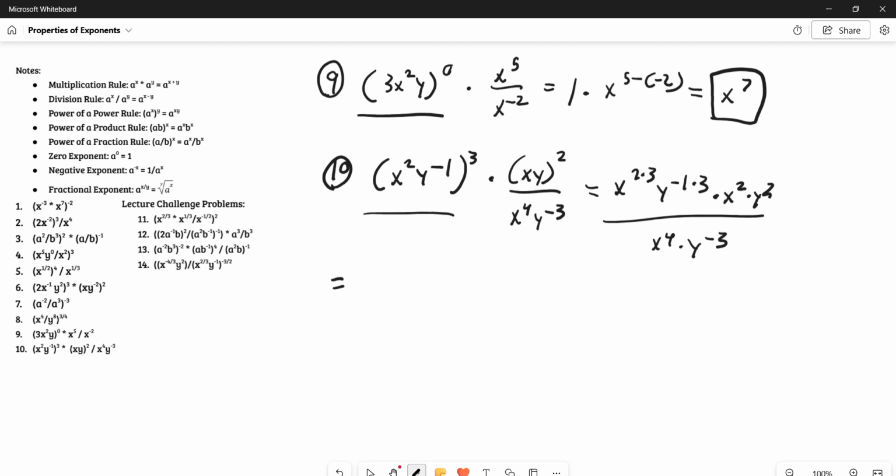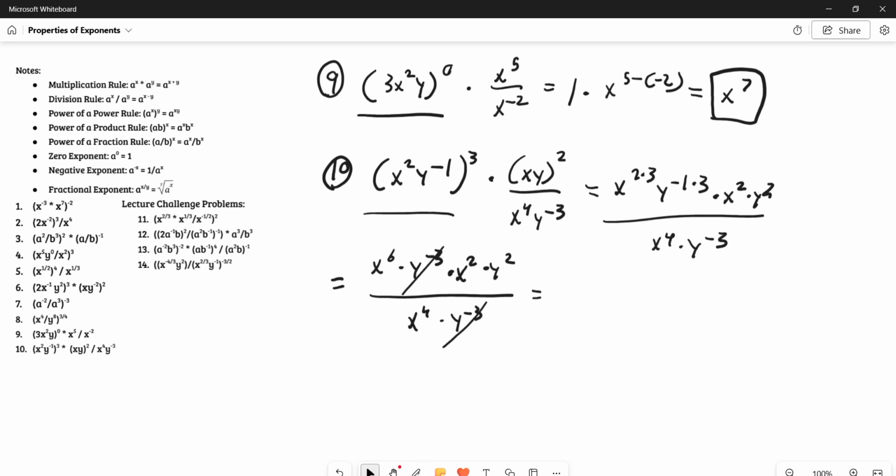Actually, no, let's evaluate the exponents first. X to the power 2 times 3 is 6, times y to the power negative 1 times 3, which is negative 3, times x squared times y squared all over x to the power 4 times y to the power negative 3. I can see that this cancels, and now we want to use the multiplication and division rules for the x term.